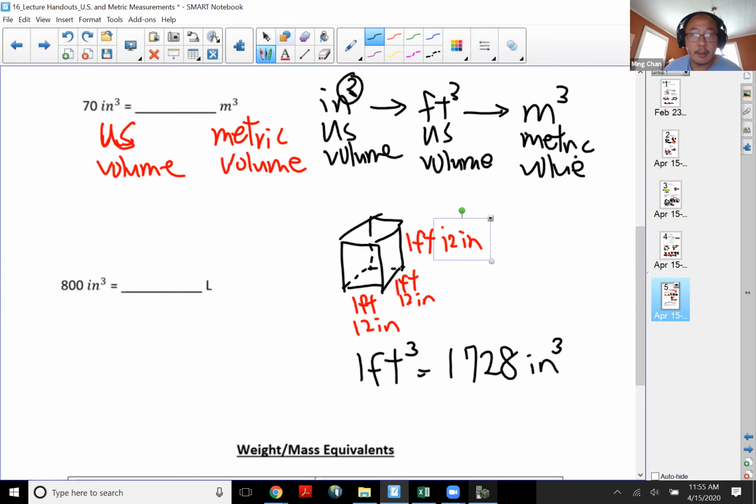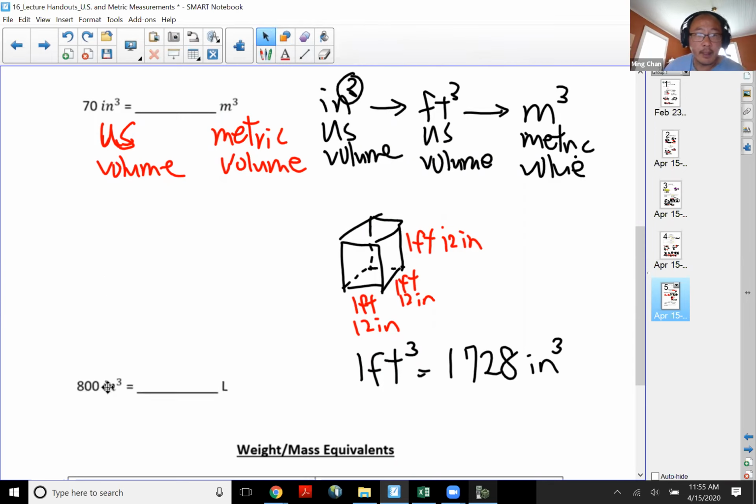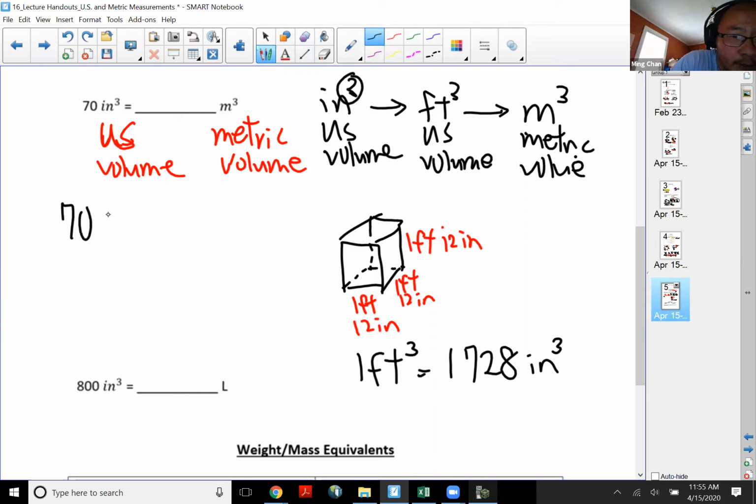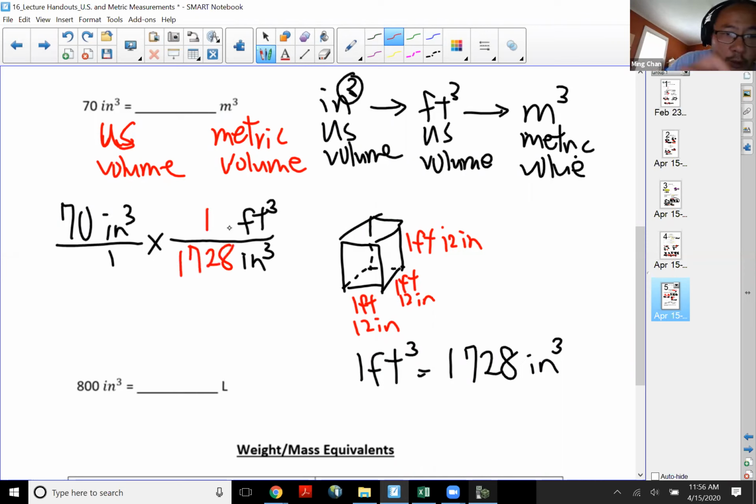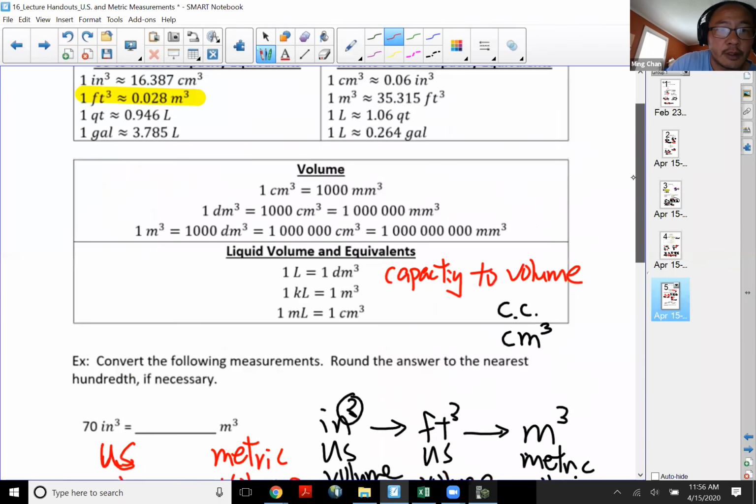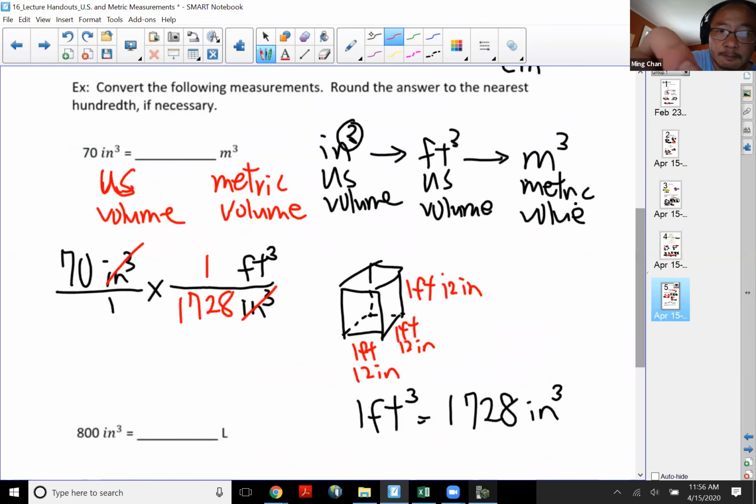Well, that means if I start out with 70 cubic inch over 1 times another fraction, put my cubic inch down here, I can actually convert cubic inch to cubic foot, having a ratio of 1 to 1728. Cubic inch cancels out. Now, once I'm at cubic foot, I can go straight to cubic meter by my conversion here, 0.028.